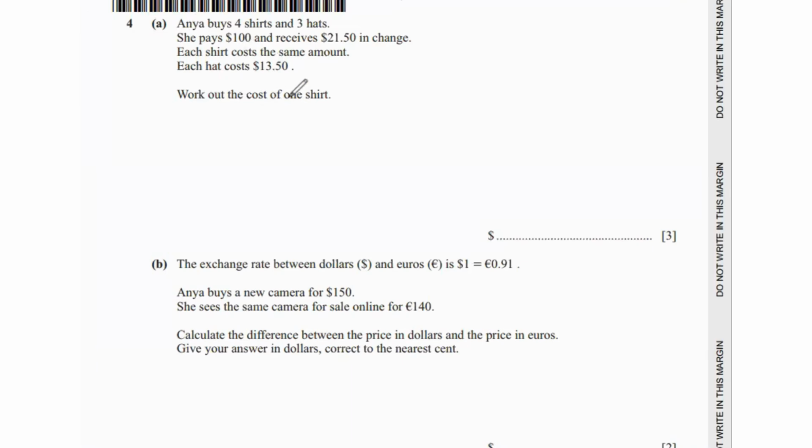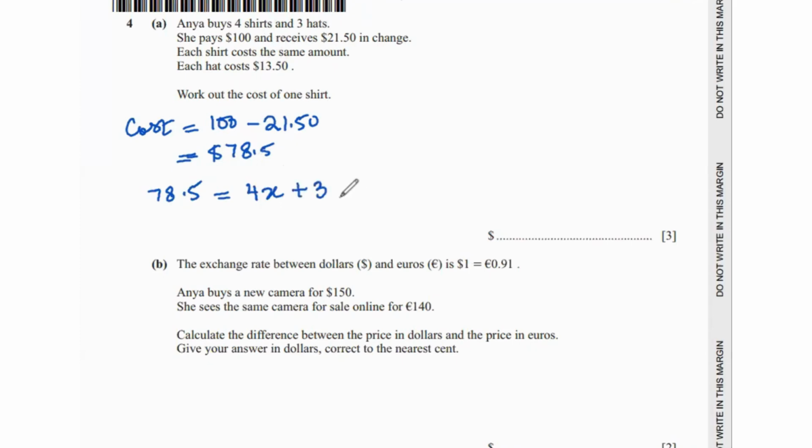So they have told us that she's paying 100 and she's getting 21.50. So let's see what was the actual cost of all of these things. So cost would be 100 minus 21.50, which is equal to $78.50. Now, 78.5 is equal to 4 shirts and 3 hats. We don't know the cost of the shirt, so we're trying to find that. So cost of shirt is x.